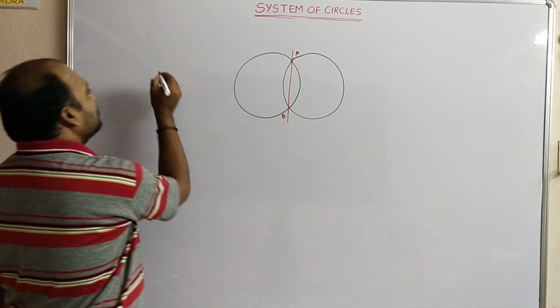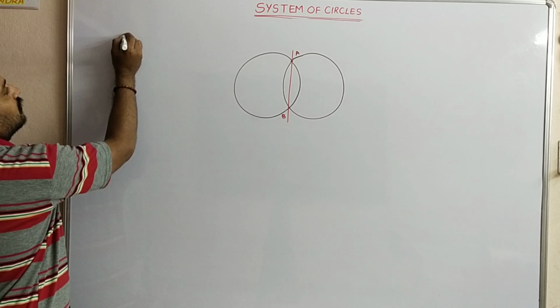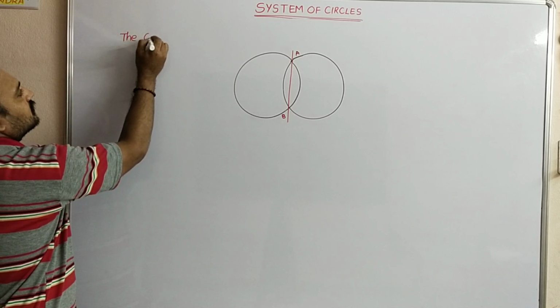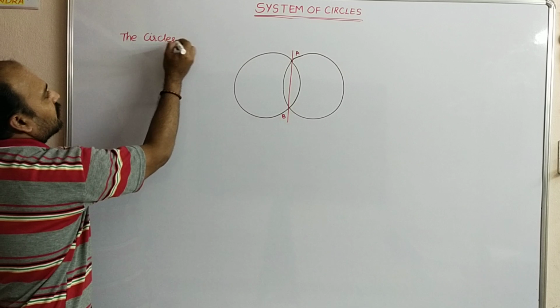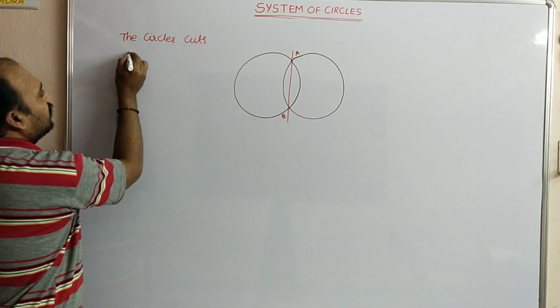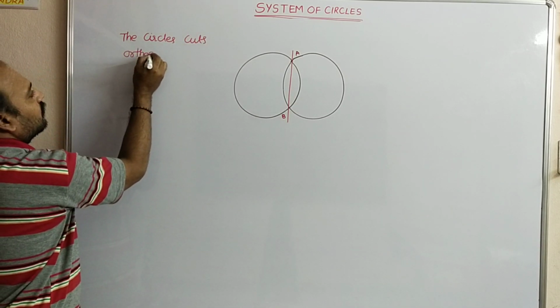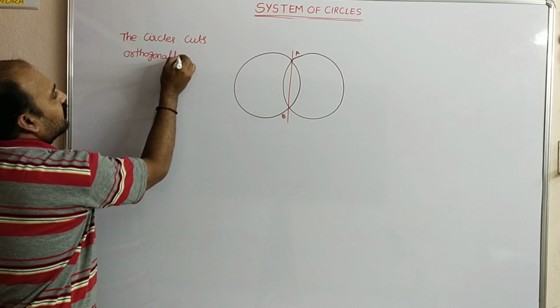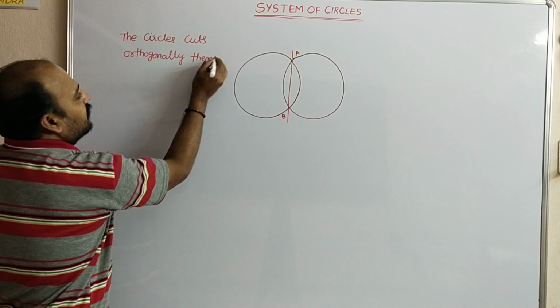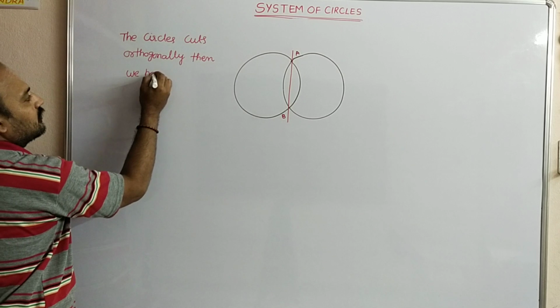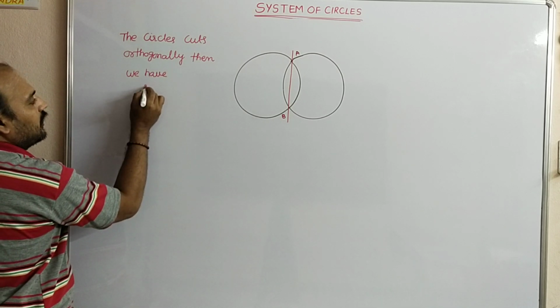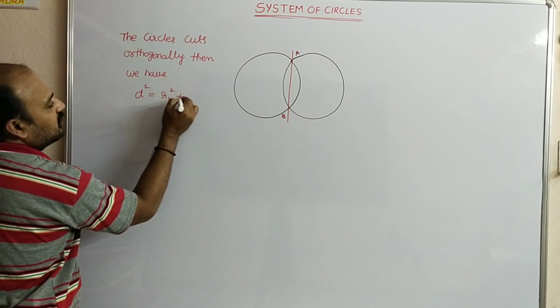When the circles cut orthogonally, then we have the condition d square is equal to r1 square plus r2 square.